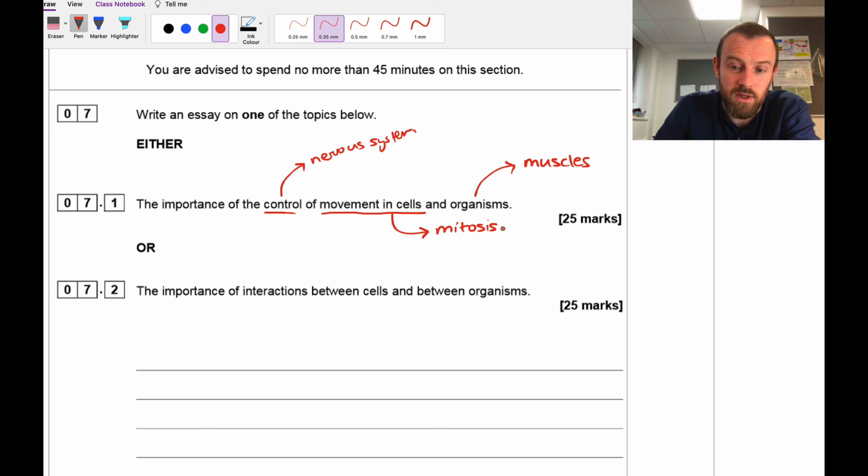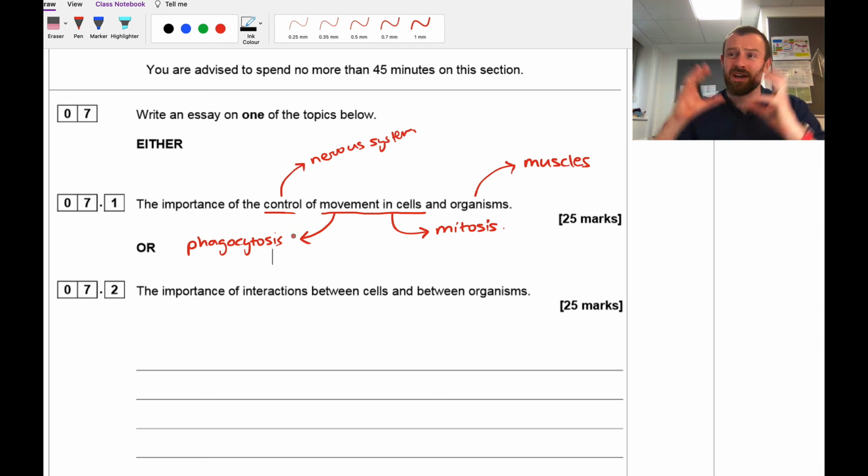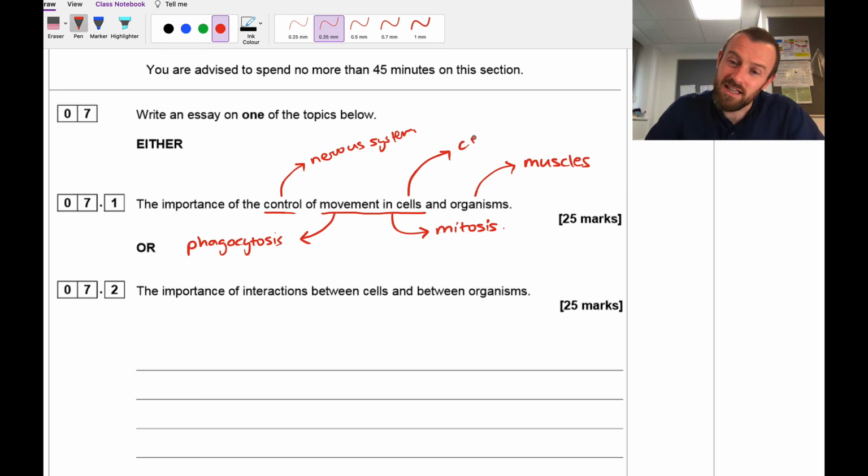That's movement of chromosomes within cells. What else? Movement within cells, we could also have stuff to do with cytokinesis. Sorry, not cytokinesis. Phagocytosis is probably what I would go with. So the white blood cell being able to move towards a pathogen, to engulf it, to digest it, that's all movement. Other things that are now coming to me, movement of cells. We could talk about ciliated epithelia in the respiratory tract. That's now giving me my 4 areas.